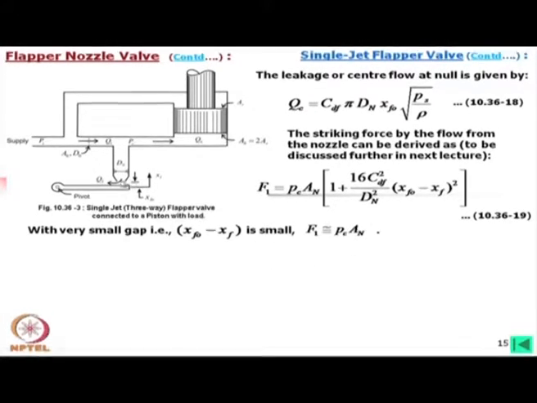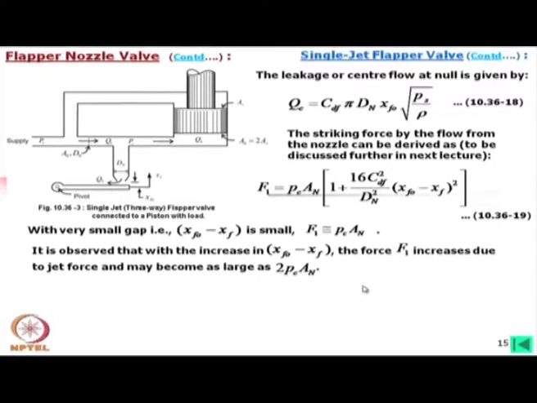What is An? An is simply this area, not the curtain area. Okay. It is observed that with the increase in xf0, xf minus xf, that is that gap, the force F1 increases due to the jet force and may become as large as twice Pc into An.